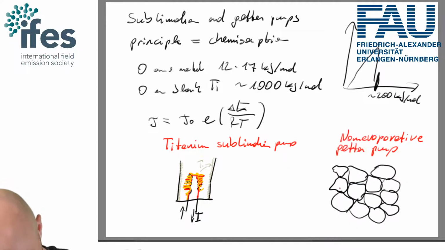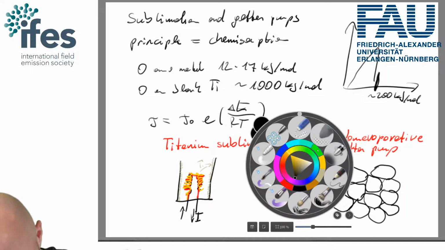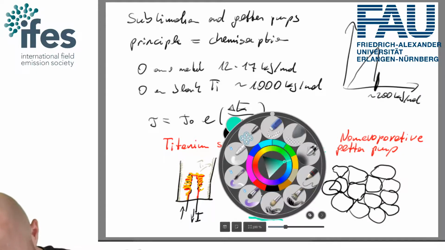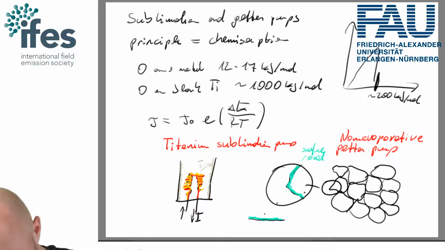So you might have some surface oxide. And if you raise the temperature, if you have this surface oxide, let's just make a surface with an oxide, and you are at room temperature.